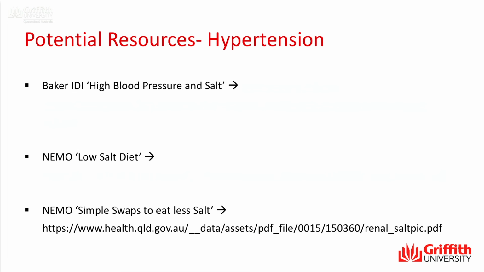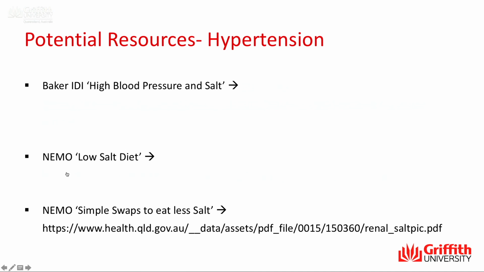Looks like we've lost some references there, but I just wanted to highlight some potential resources I've used in practice for hypertension. The first one is the Baker IDI High Blood Pressure and Salt resource, which is a fantastic resource that goes through a number of different things like making your food still flavoursome and label reading.